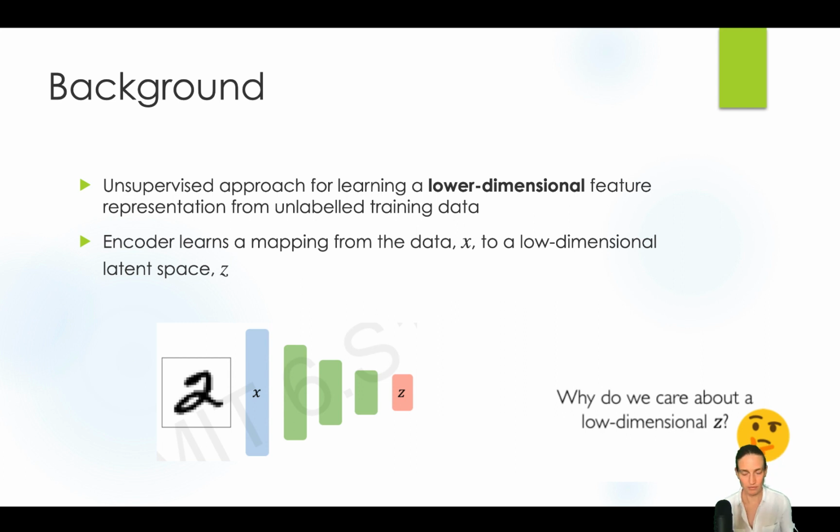So we have, let's say, an image, X. It has this particular 120 by 120 pixels, and we want to map it onto a very small representation.